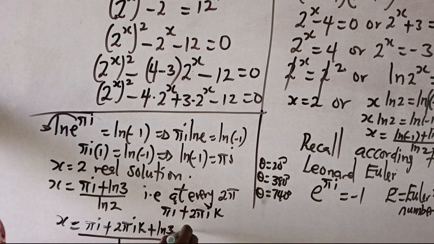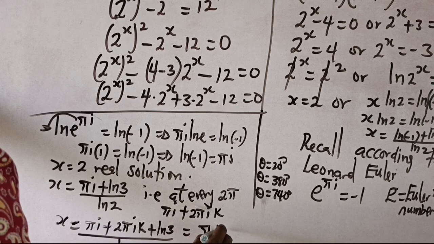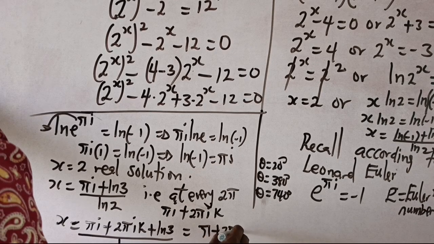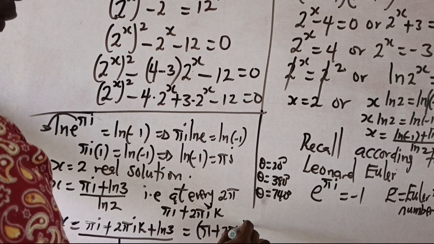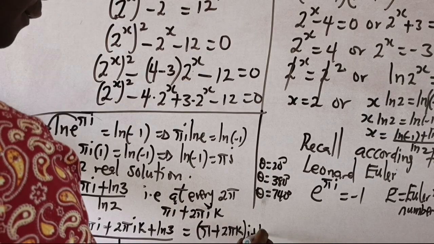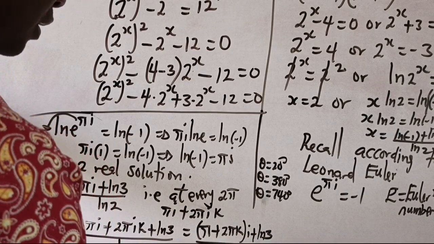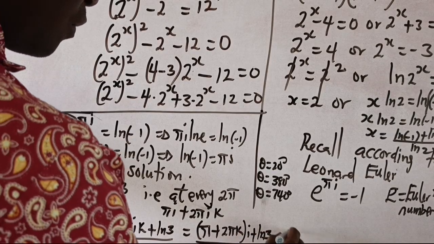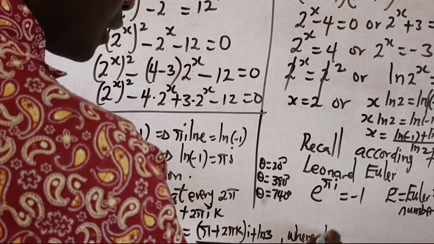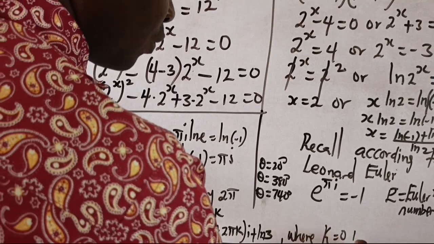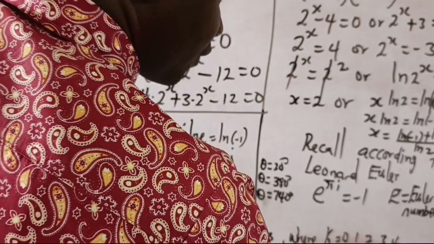So we have pi plus 2 pi k, then everything multiplied by i, plus ln 3 divided by ln 2, where k can take its value from 0, 1, 2, 3, 4, and so on.